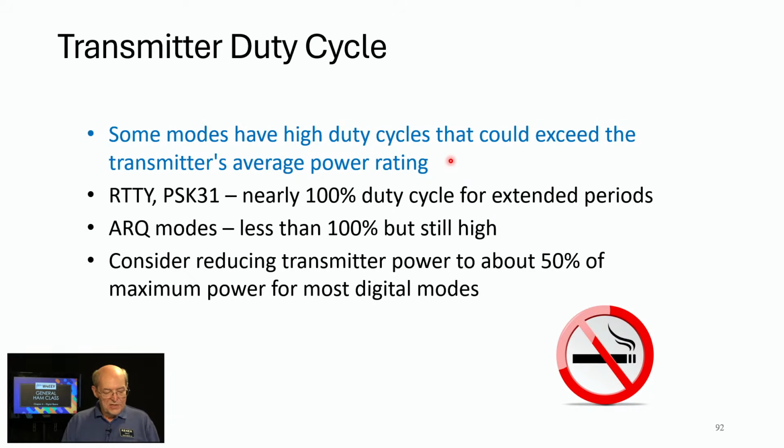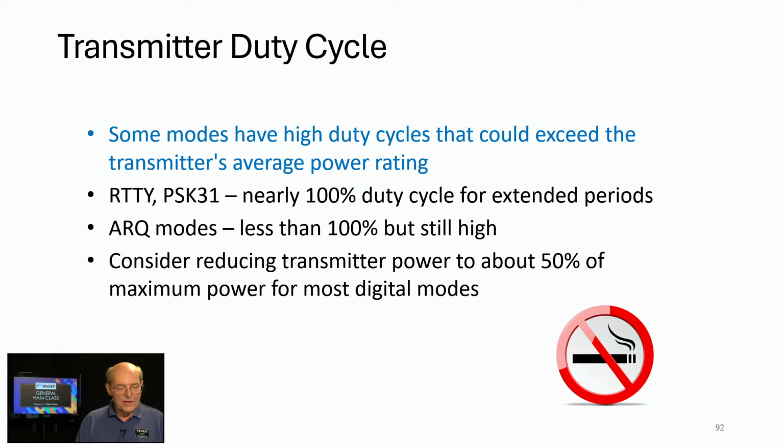Now most transceivers are rated, if you've got a 100 watt transceiver, that's normally considered intermittent commercial amateur service, or ICAS. That means that if you're going to transmit for 1 minute, you have to be receiving for 1 minute so everything can cool down. Now continuous commercial service, or CCS, means you could transmit continuously and it would be perfectly fine. Most of our radio manufacturers design their equipment around the intermittent commercial amateur service spec.